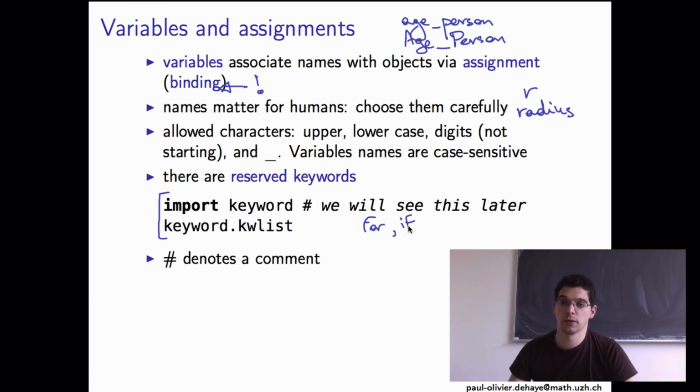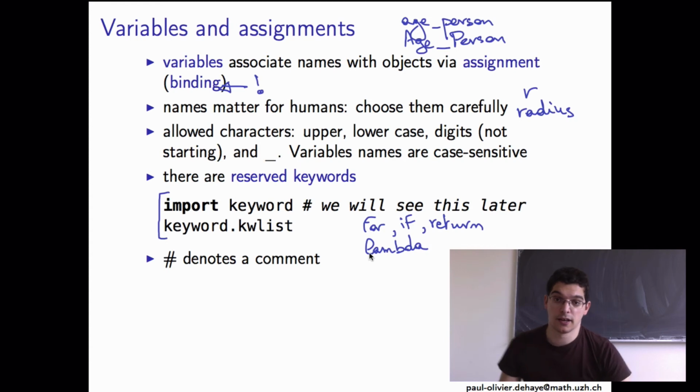Those are two of the keywords. Return is another one. Those have a specific meaning in Python. One that you might use in a math context is lambda. So stay away from lambda if you can. It's useful as a reserved keyword, but as a variable name, you're not allowed to use lambda. And otherwise, look at the list yourself.